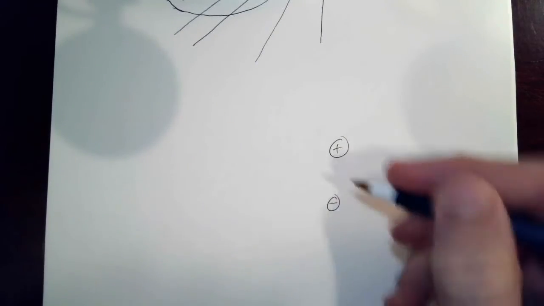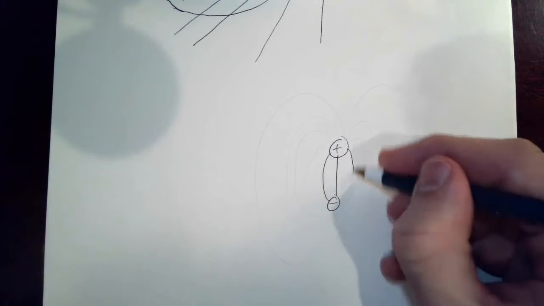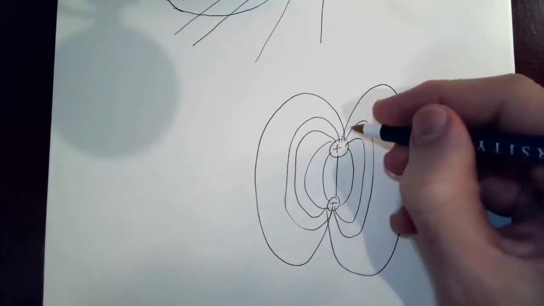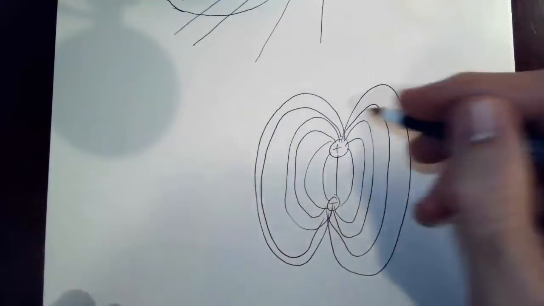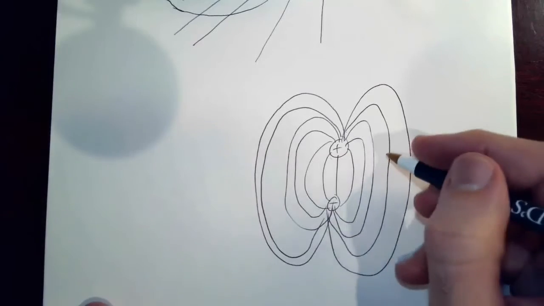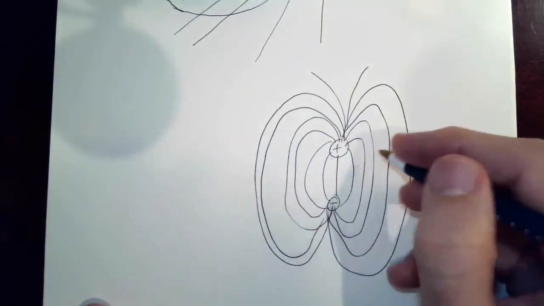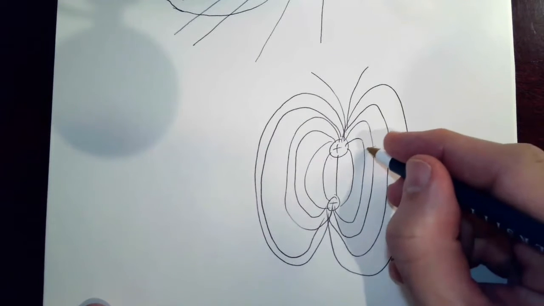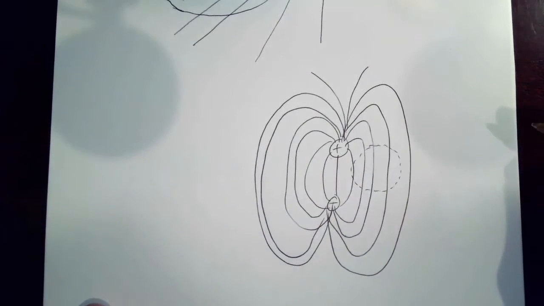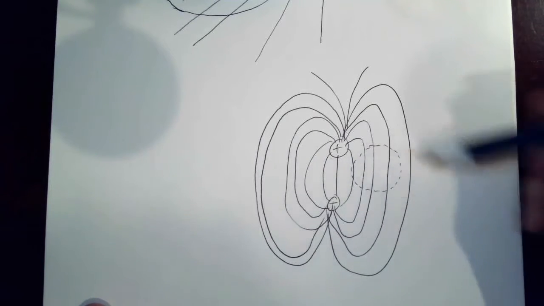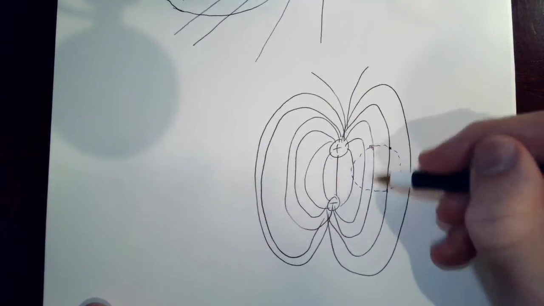The same thing is true even if you have a more complex electric field pattern. I didn't put arrows on my field lines, but if I draw a Gaussian surface wherever I like, say here, you see that I have the same behavior: for every line that enters, it leaves.